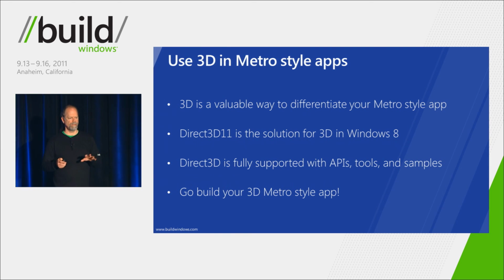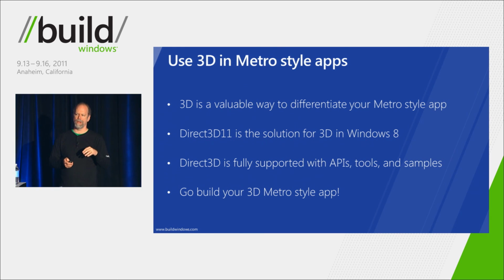The API itself is available both to Windows 8 classic apps and Metro-style apps. And we've got really good support for it in terms of tools and art processing pipelines and so on, so that you should be pretty much unblocked as far as getting started right now. I mean, you can download these things and start them literally right now. And then, you can start building your 3D Metro-style app on the fly.